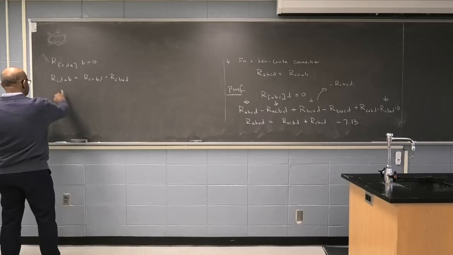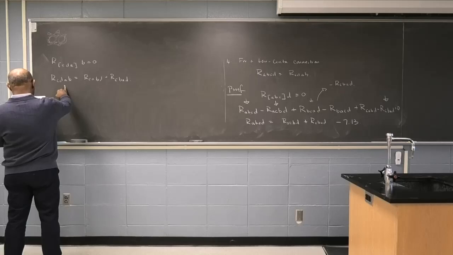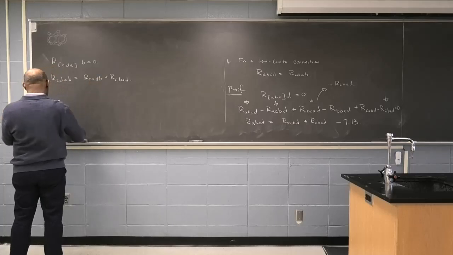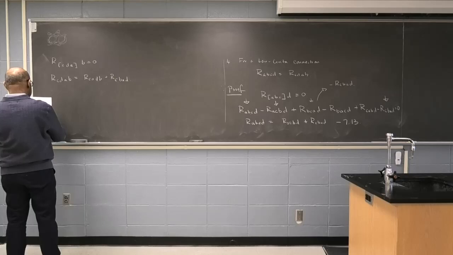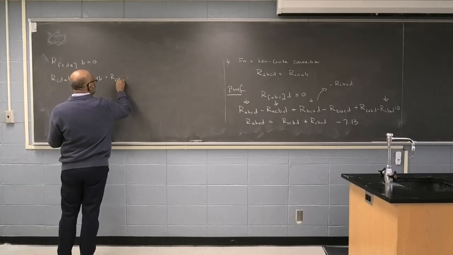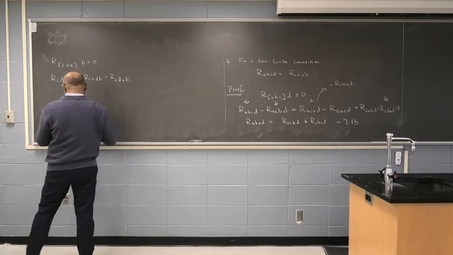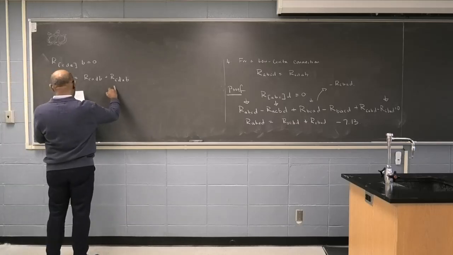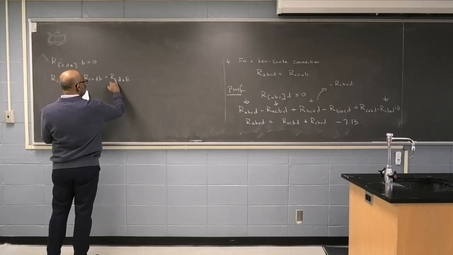I want to make sure. CDAB, okay, and CADB, and ADCB. One more time. CDAB, yeah. CADB, good. Why do I see it differently every single time?